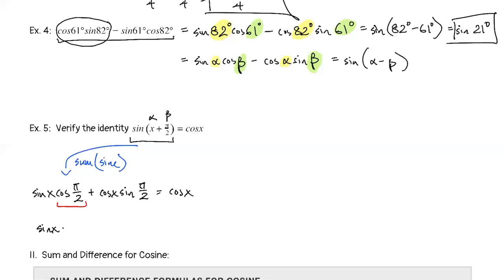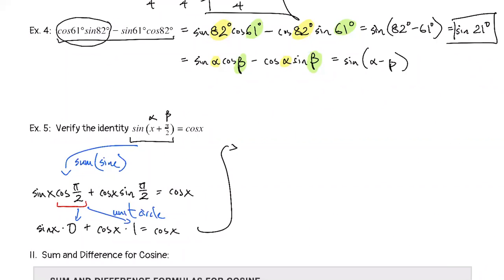Good, sine x times 0, good. And then what is sine of pi over 2? It's 1, good. Okay, so we look for unit circle values, right?